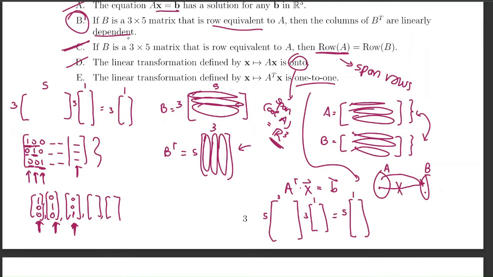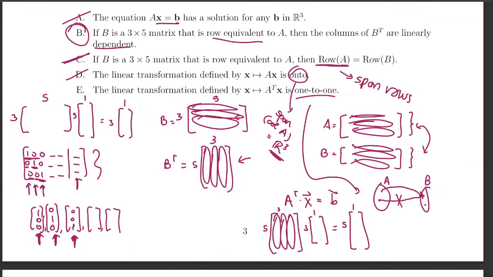So one property of a 1-to-1 transformation is that the columns of the transformation matrix, which in this case is A transpose, need to be linearly independent. Because we know that the rank of A is 3, A transpose is going to have 3 linearly independent columns. That's kind of what we were arguing for answer choice B. So we know that the columns of A transpose are linearly independent.